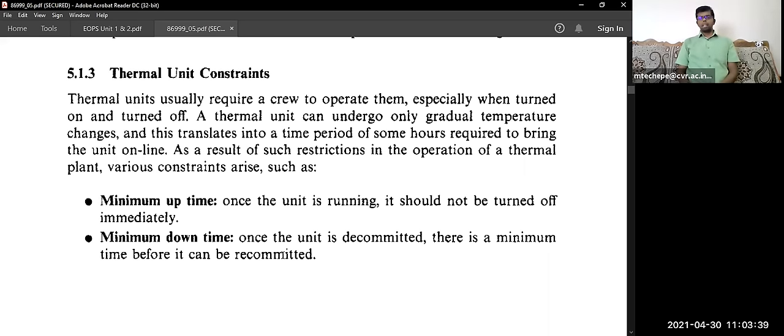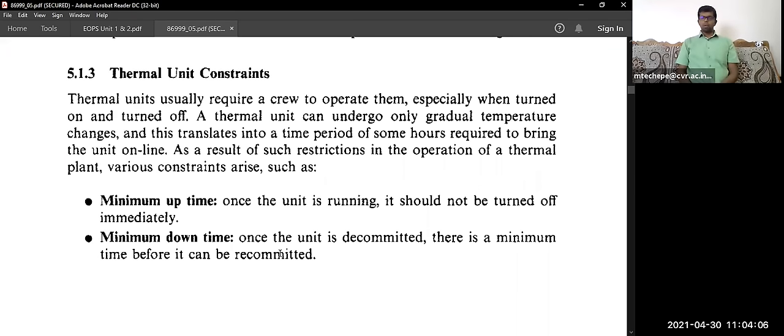So that's why we rely on thermal generating units as well as hydro generating units the majority of the time. Coming to the thermal units, thermal units usually require a crew. Crew means a large number of people to operate, especially when turning on and turning off.